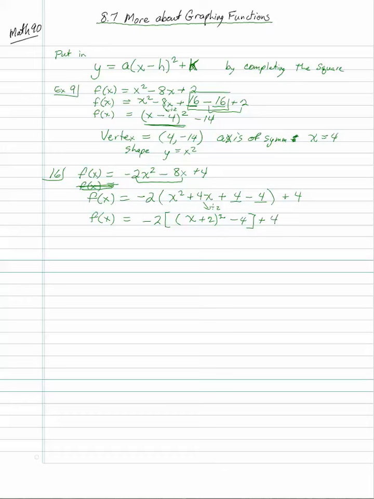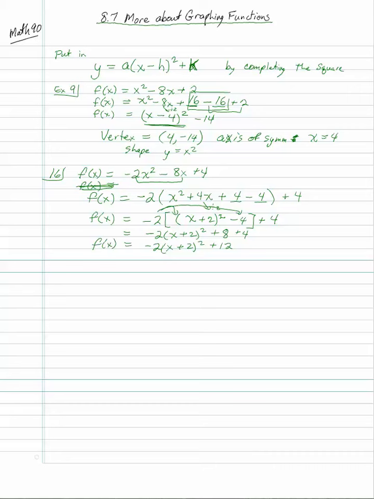Now from here, we have to distribute this negative 2 to both of these things. So we're going to get negative 2 times (x plus 2) squared plus 8, plus the 4 that was left out before. And then just add the 8 with the 4, and that gets you 12.